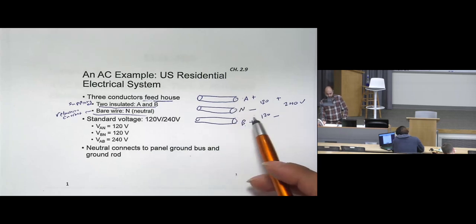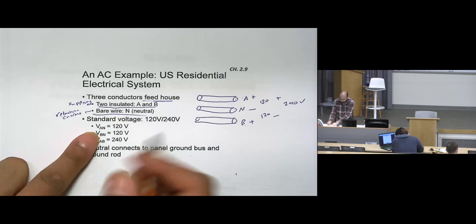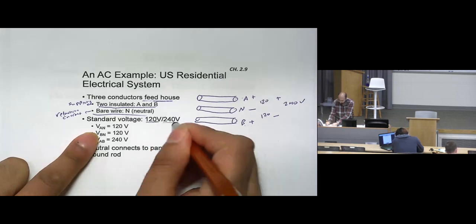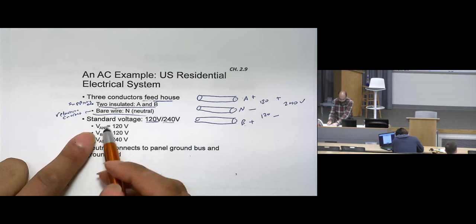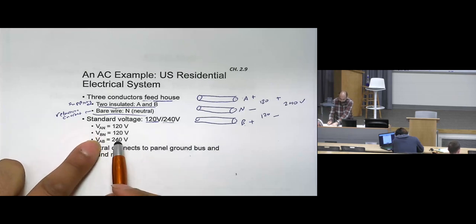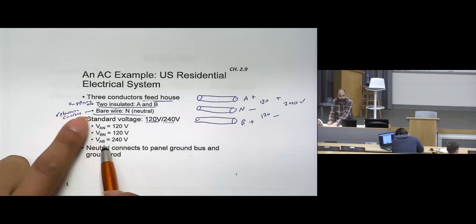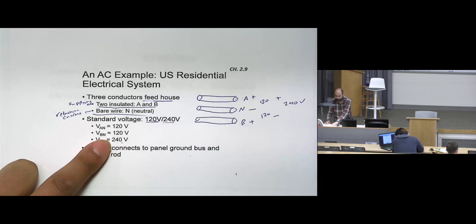That's why we have a neutral. So the standard voltage is 120 volts or 240. Between A and N it is 120, between B and N it is 120, while if I need 240, it will be between A and B.